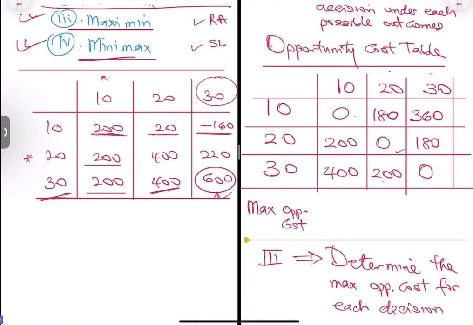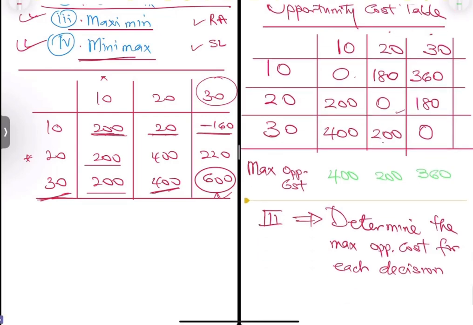For decision 1, what's the maximum opportunity cost? 400, fantastic. Next, 200. And the last one? 360. So this is the maximum opportunity cost for each decision.